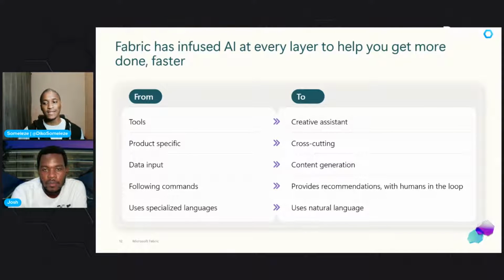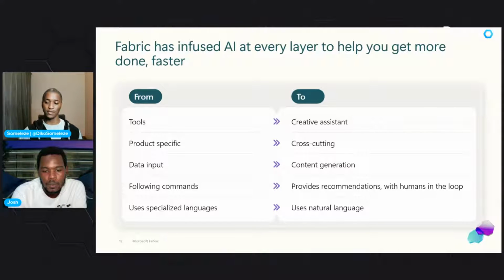So this lets us move away from, one, needing to master complex tools to working with a creative assistant, two, being siloed on specific products to working in a cross-cutting experience, and also from being focused on manually building artifacts to refining automatically generated content. So this helps you to become much more productive within Microsoft Fabric as well.